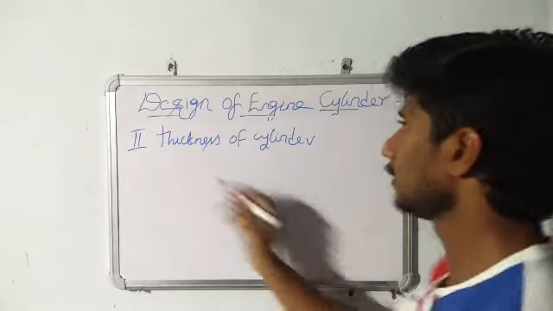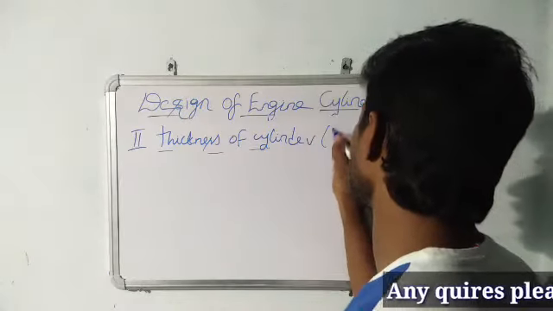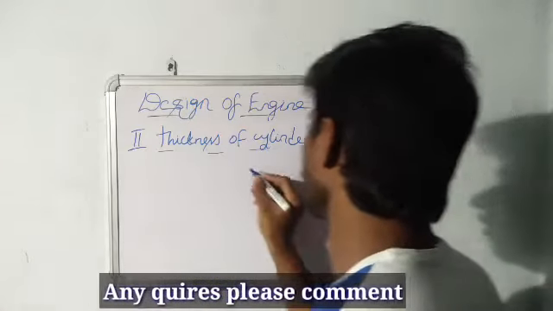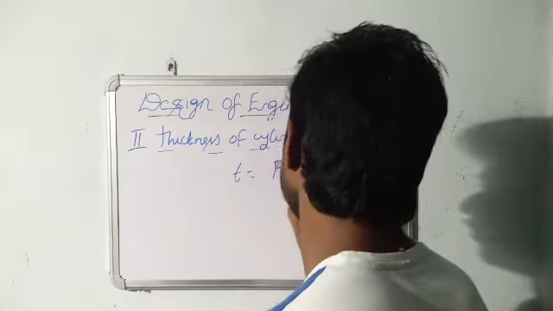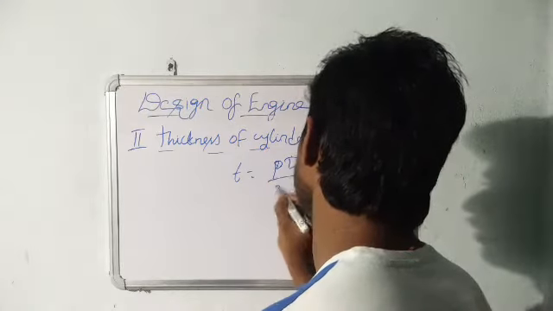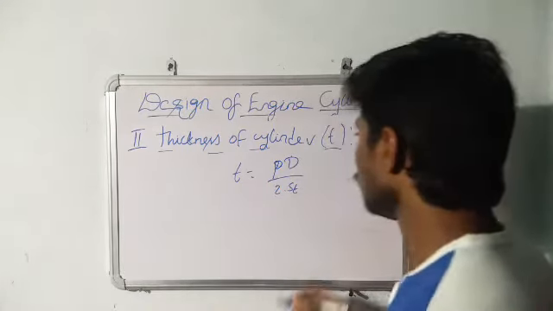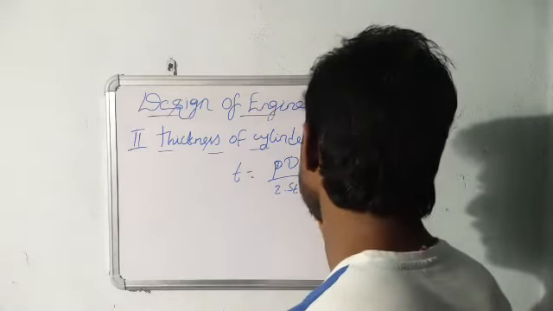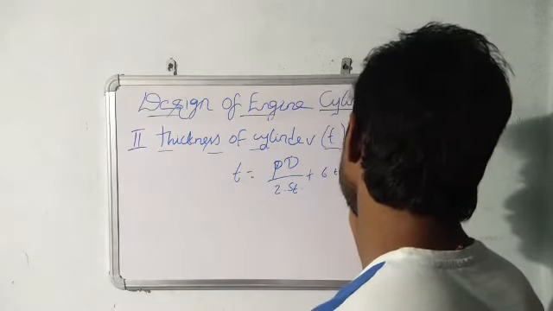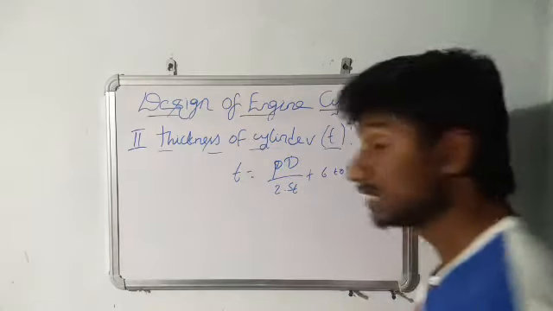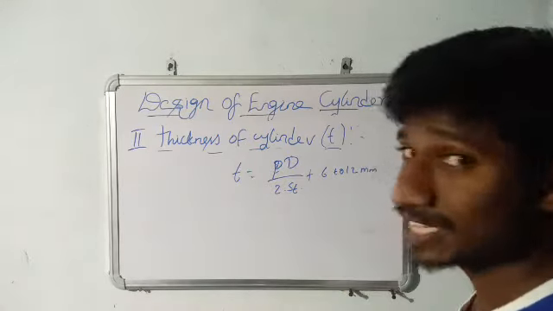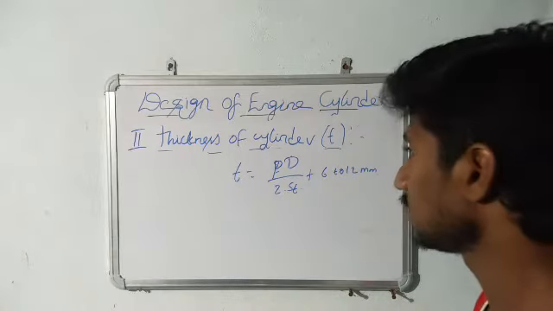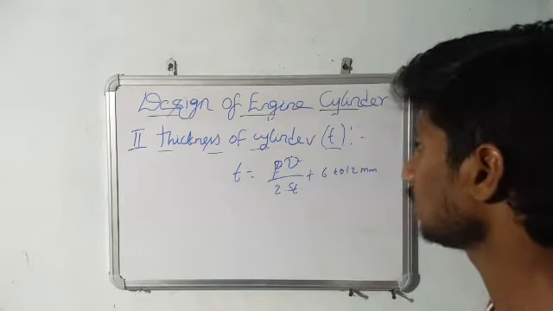thickness of the cylinder. It is denoted by small t. So t equal to Pd by 2 into St, plus 6 to 12 mm. This is the equation to find out the thickness of the cylinder. Here P is the maximum pressure developed inside the cylinder, and D is the diameter of the cylinder.